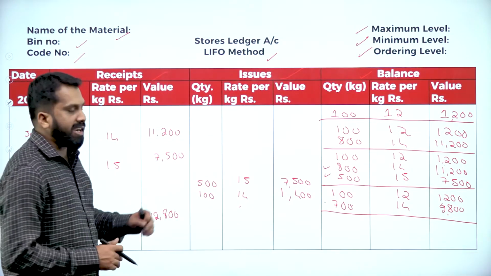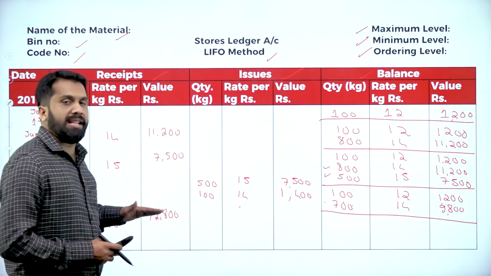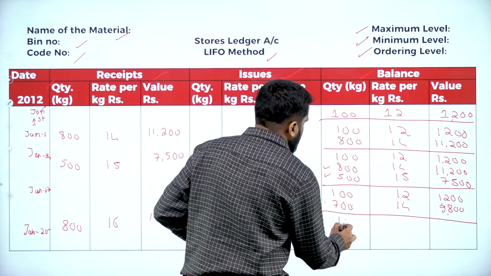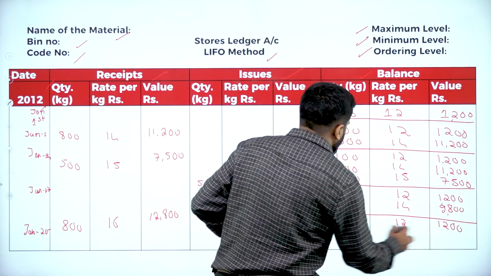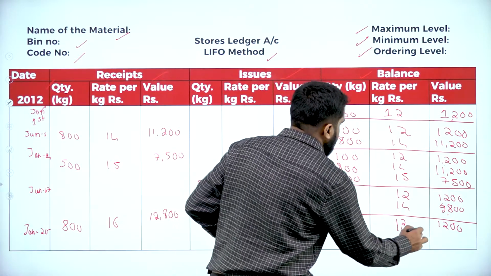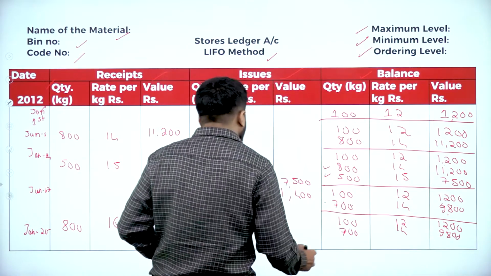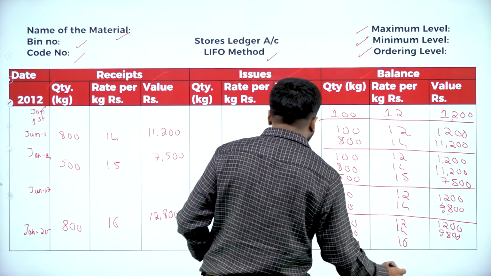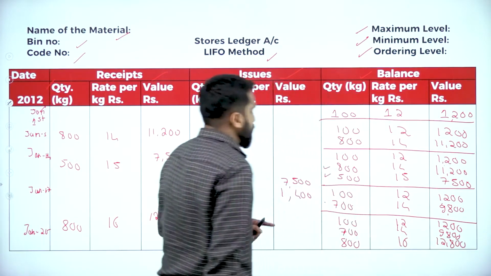Now we have to write the balance. How to write balance? First, copy the old one, later come for new. So 100 into 12, 1,200. 700 into 14, 9,800. And the last one, 800 at 16, 12,800.